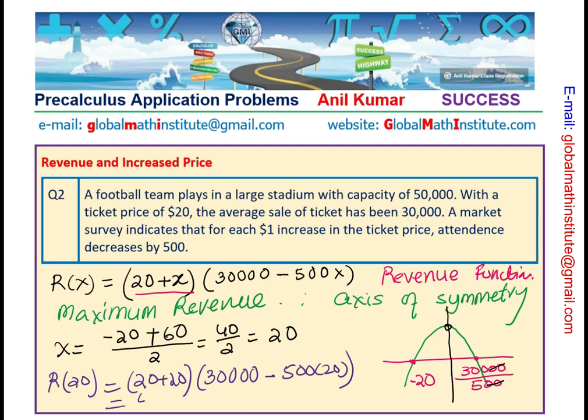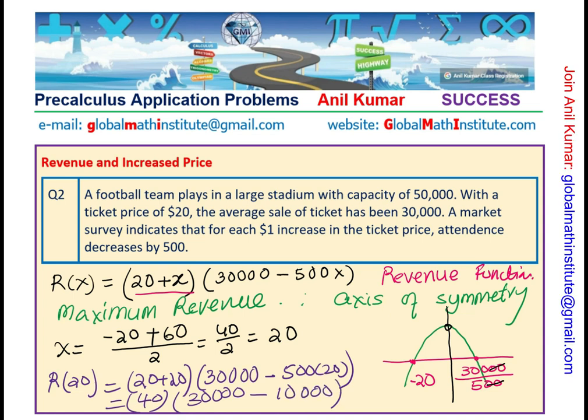Calculate this value, which is 40 times 30,000 minus 2 times 5 is 10 and 3 zeros. Means 30,000 minus 10,000 gives you 20,000. That means revenue of 80,000. So we get a maximum revenue equal to $80,000.